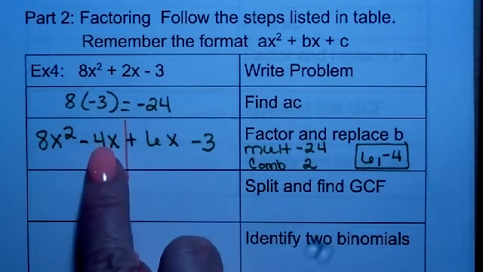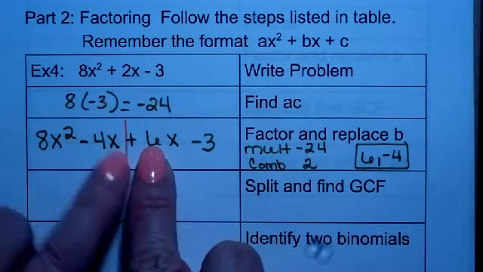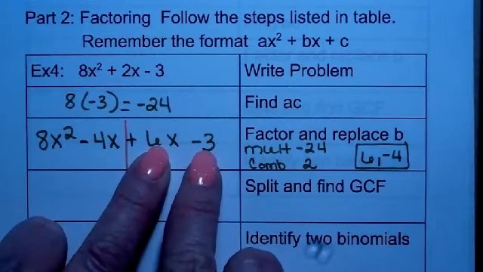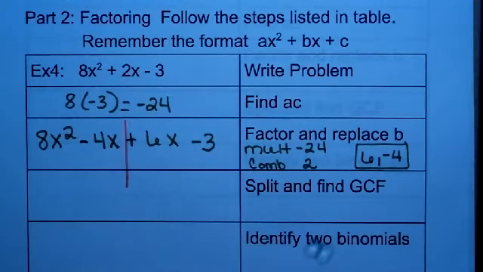If I'd have taken this 4 right here and put it right here instead of the 6, I would have had 4 and 3. 4 and 3 do not have a GCF other than 1. So I would not be able to do any real factoring. Okay? So order does matter.